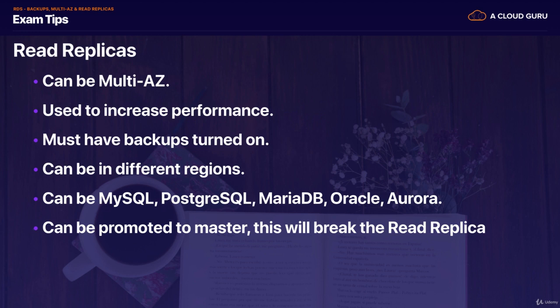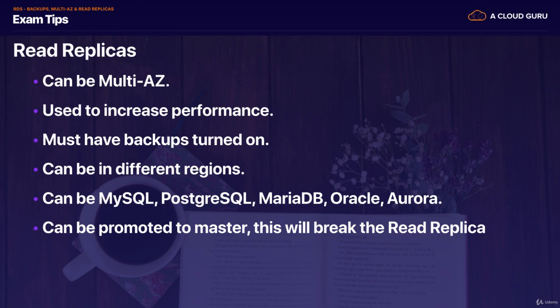Just remember to enable read replicas, you must have backups turned on. And read replicas can be in different regions as well as the same region. So you can have read replicas around different regions in the world. And read replicas can be MySQL, PostgreSQL, MariaDB, Oracle, and Aurora. The only RDS engine that doesn't support read replicas at this time is SQL Server.